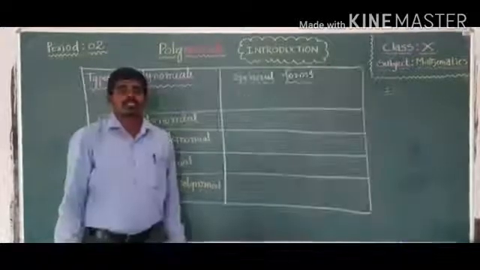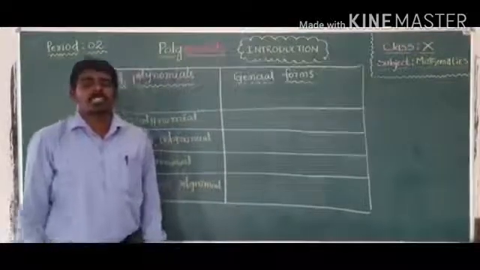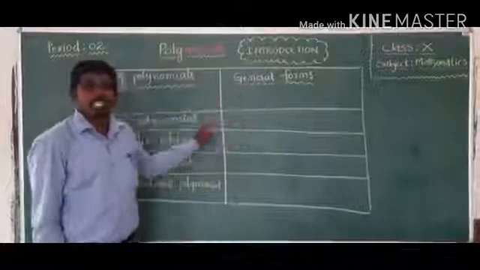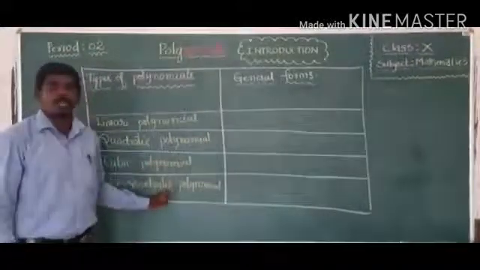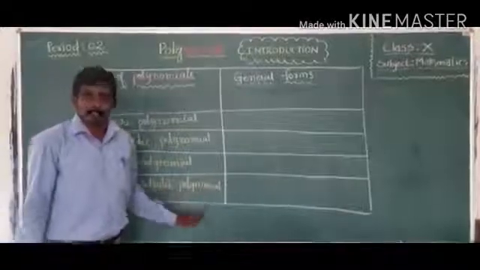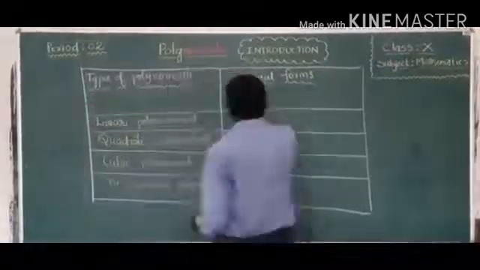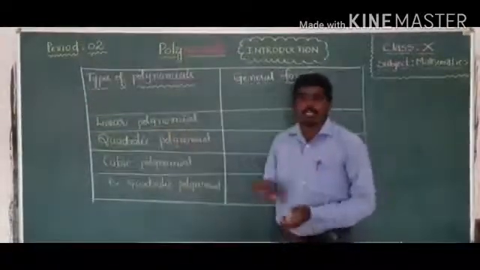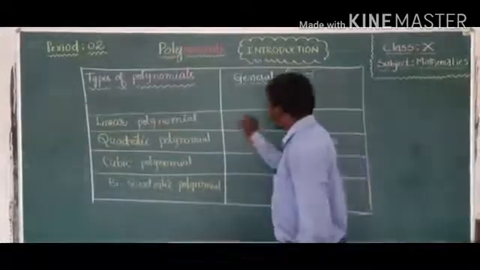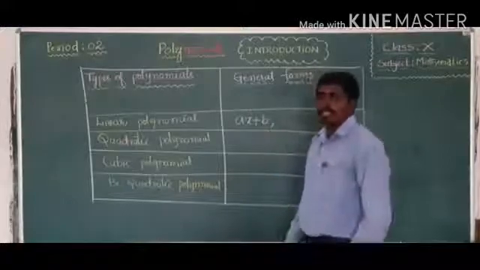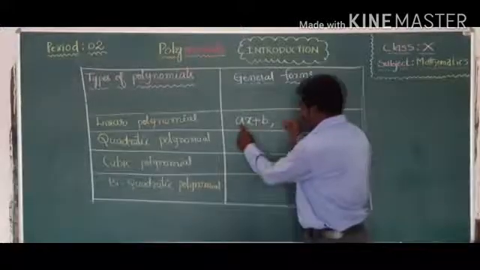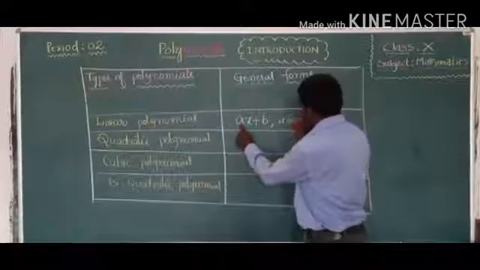Now we will discuss the general forms of linear polynomial, quadratic polynomial, cubic polynomial, biquadratic polynomial, and a simple polynomial. The general form of a linear polynomial is ax plus b, and here a must be not equal to 0.